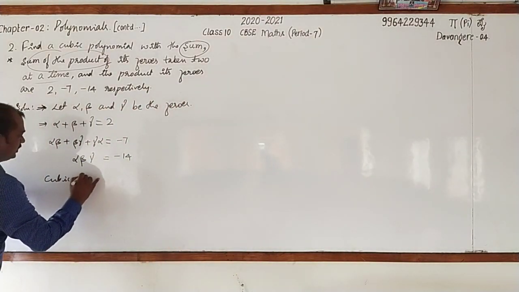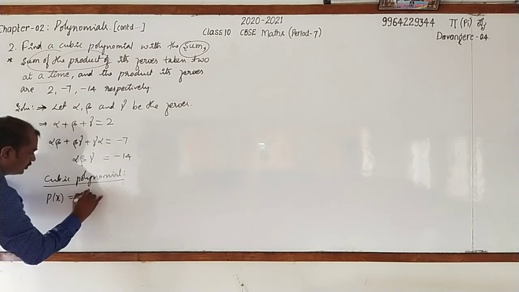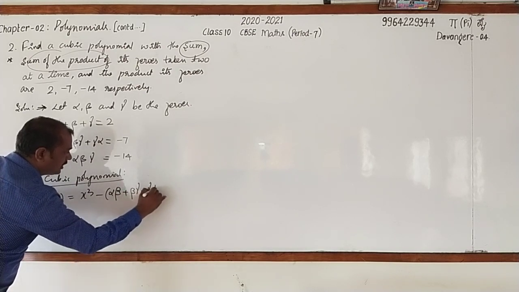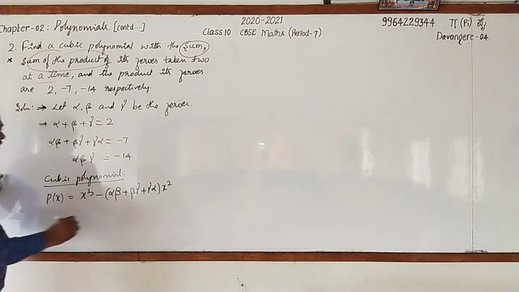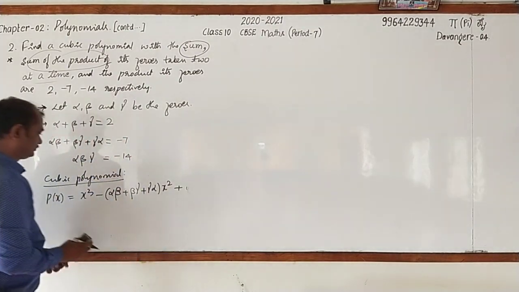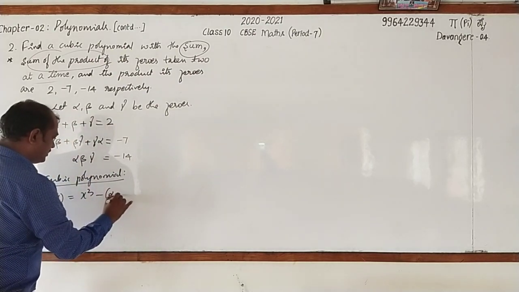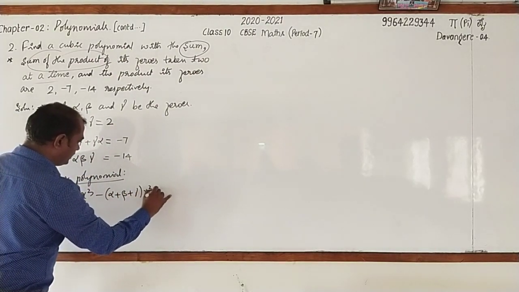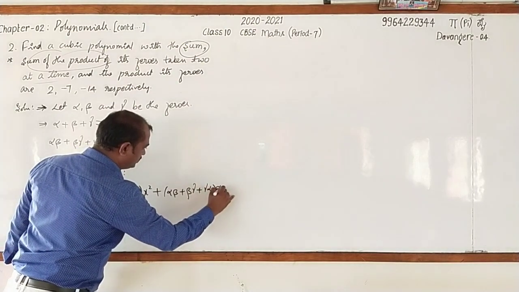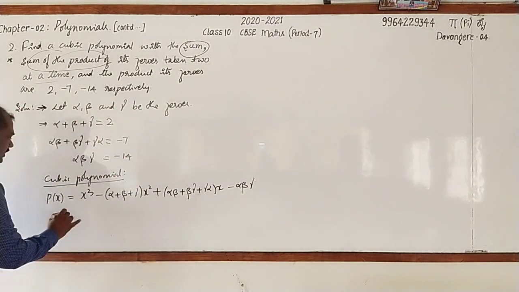Cubic polynomial can be written as, I'll write p of x is equal to x cube minus of alpha plus beta plus gamma into x square plus alpha beta plus beta gamma plus gamma alpha into x minus alpha beta gamma.